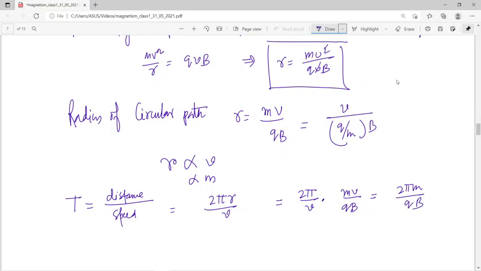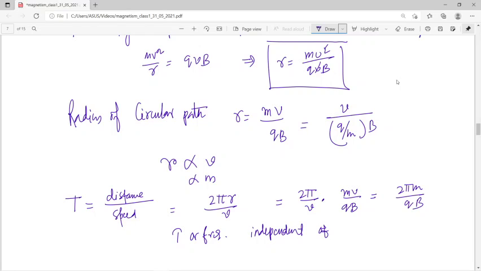It is also clear that the period, that means the time period or frequency, is independent of the speed of the particle and the radius of the circular path, because frequency can be represented with respect to time period.